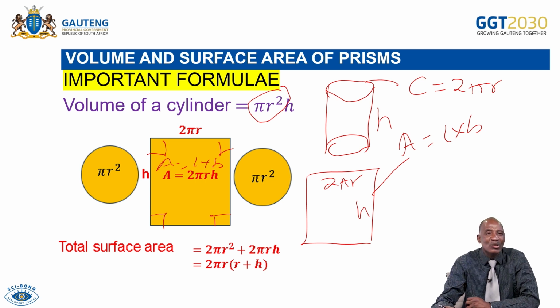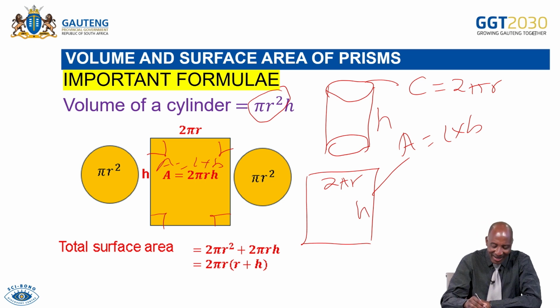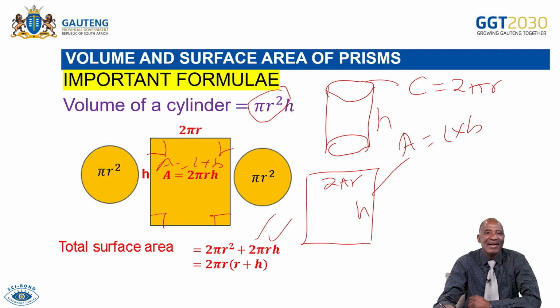Therefore we add up all those 3: pi r squared plus pi r squared gives us 2 pi r squared, plus the curved surface area, which is 2 pi rh. When we add these 2, the answer becomes 2 pi r squared plus 2 pi rh. And when we go back to our algebra, we can see there is a common factor, 2 pi r. When we factor out 2 pi r in the bracket, we are going to remain with r plus h.